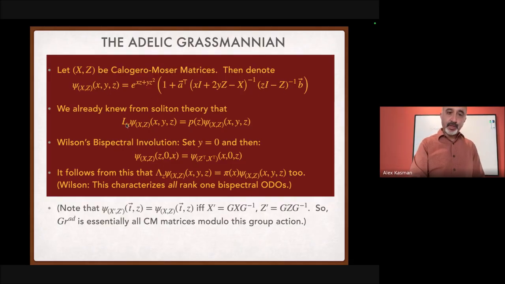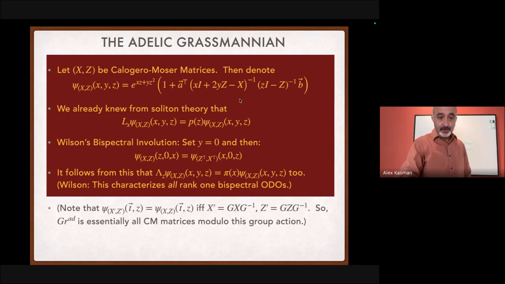There's a differential operator in x and a differential operator in z that it's simultaneously an eigenfunction for. And Wilson didn't just want to show they are bispectral. He showed something much deeper. He showed that these are all of the rank 1 bispectral differential operators. It was a complete classification theorem. But as far as we're concerned here, just the fact that they are bispectral is the point.